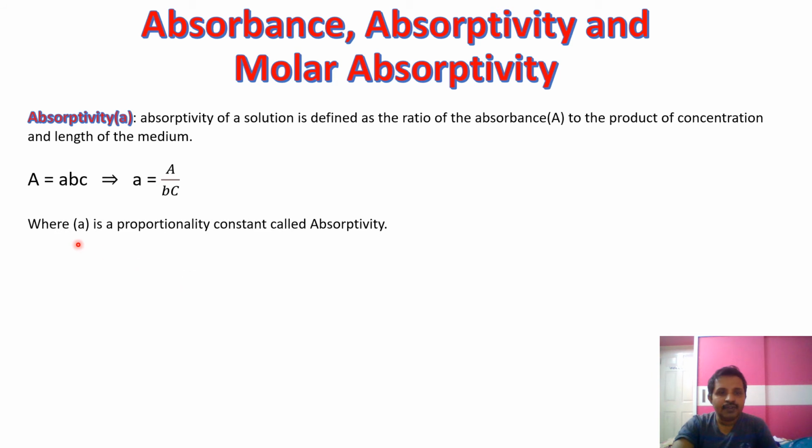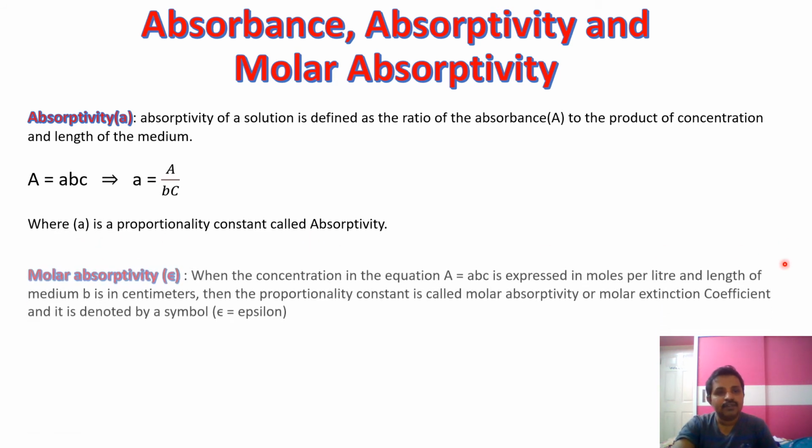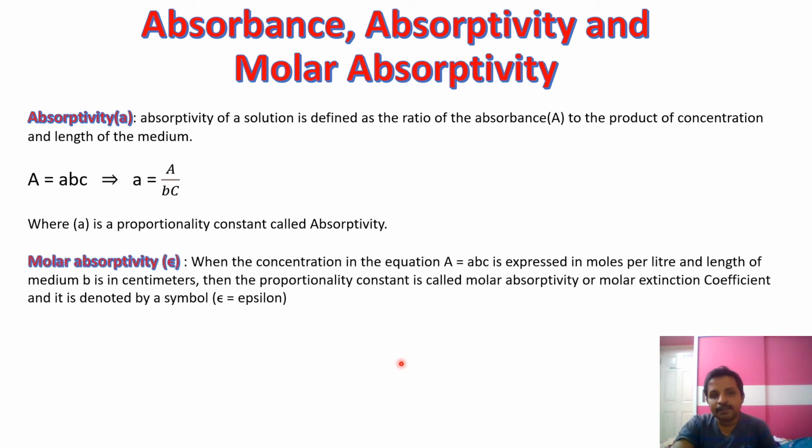Now, what is molar absorptivity? When the concentration in the equation is expressed in moles per liter and length of the medium b is in centimeters, then the proportionality constant is called molar absorptivity or molar extinction coefficient.